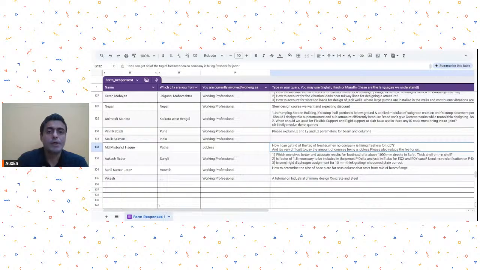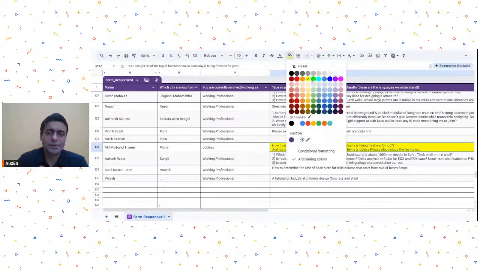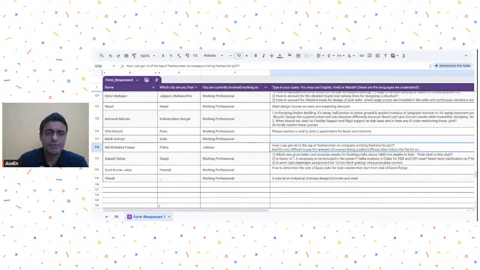Very good. This is what is known as a typical catch 22 situation. Catch 22 means a situation where the solution to the problem is the problem itself.